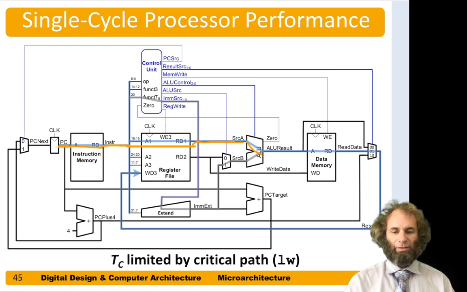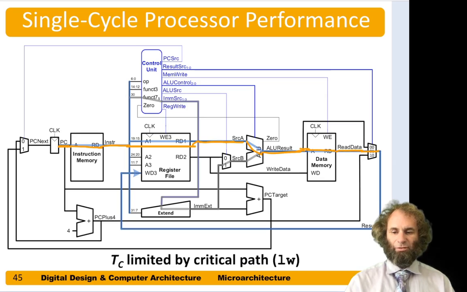We read out that source, and that value goes to the ALU. We do a computation. We provide the result to the data memory and read out the answer that we're loading.